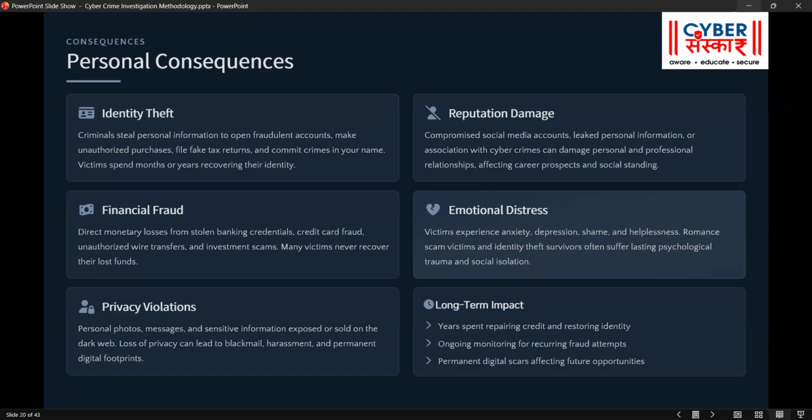Financial frauds: direct monetary losses from stolen banking credentials, credit card frauds, unauthorized wire transactions, and investment scams. Many victims never recover their lost funds.